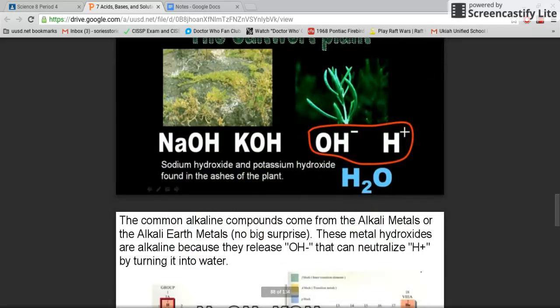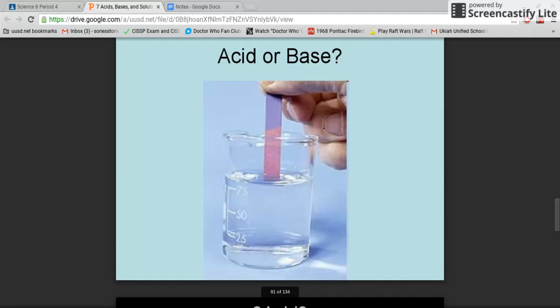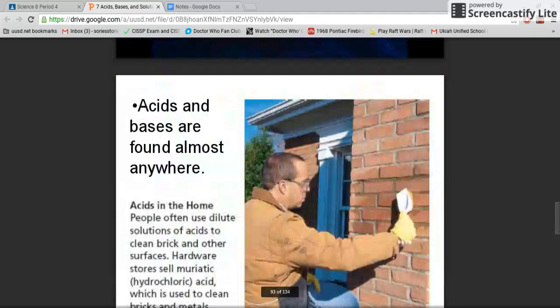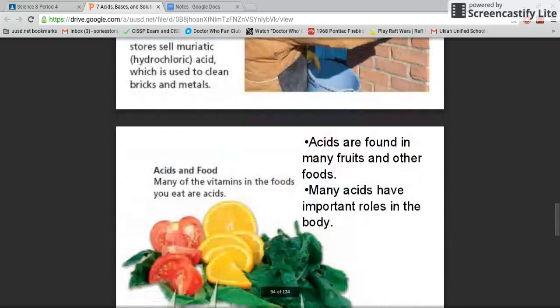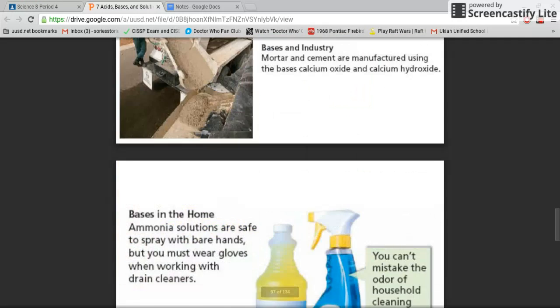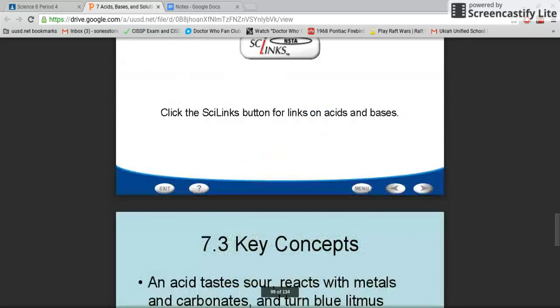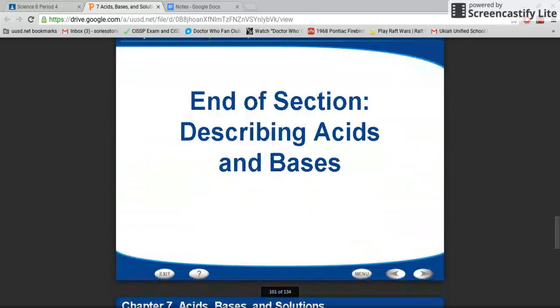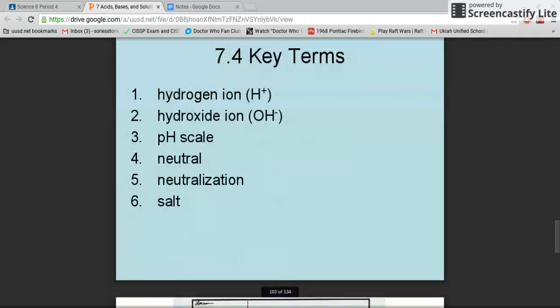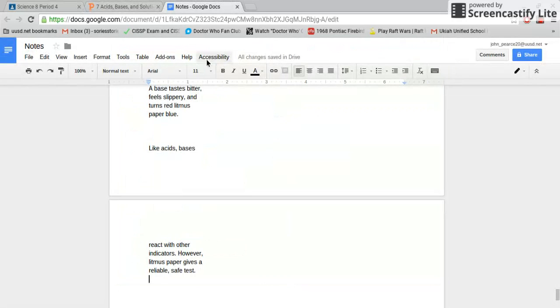Kind of skip forward. Okay. Hydrogen ion, H plus.